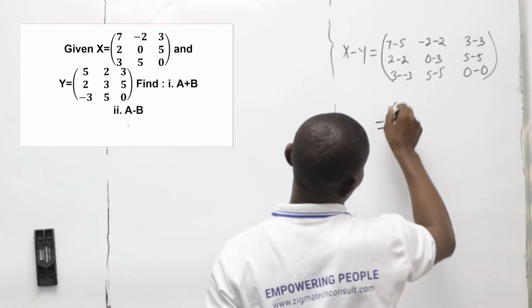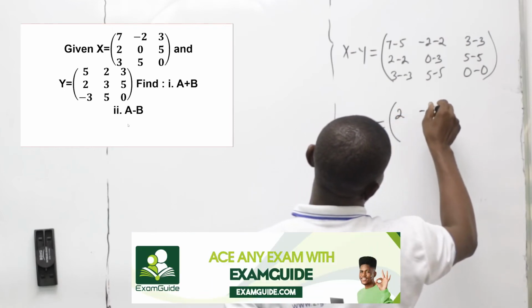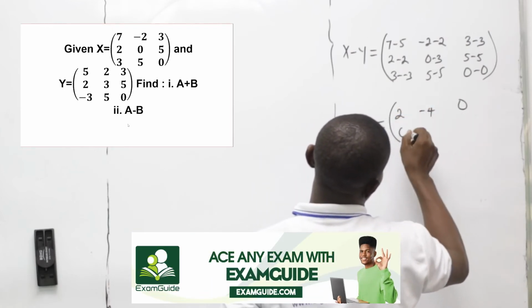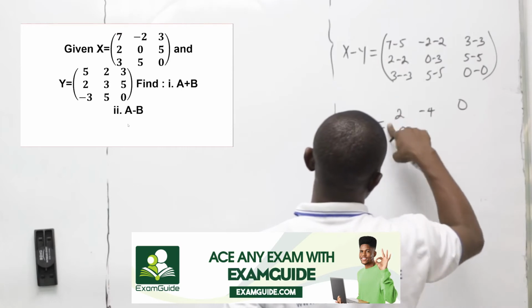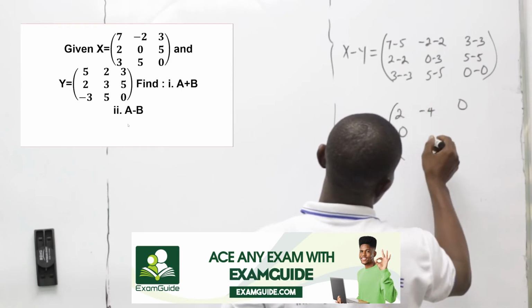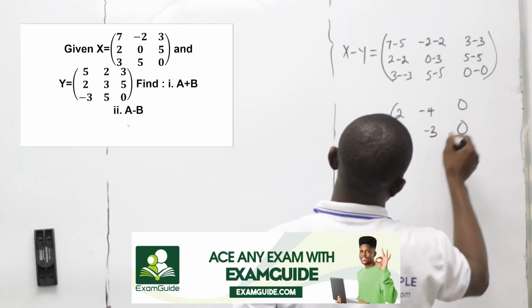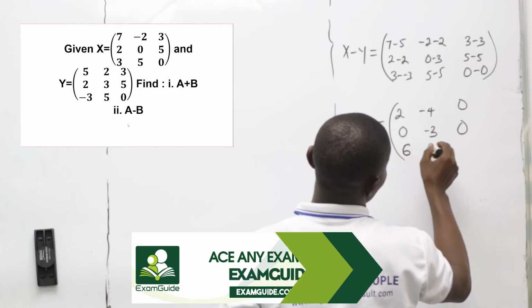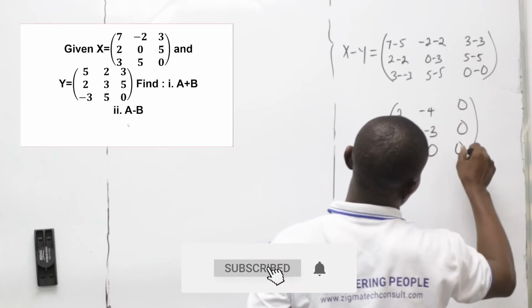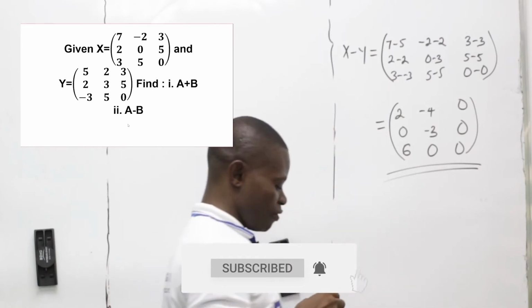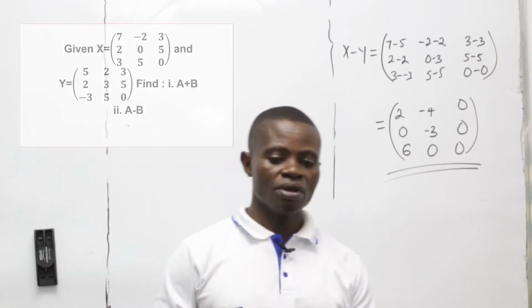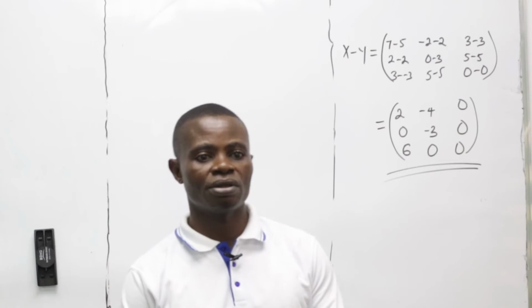Our solution becomes what? 2, minus 4, 0, 0, 0, minus 3, 0, 6, 0, 0. So this is what we have as our solution for that subtraction.